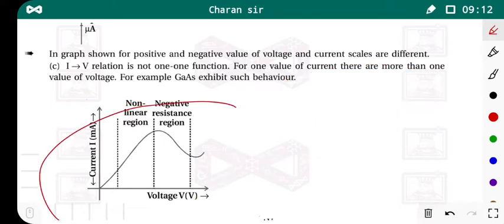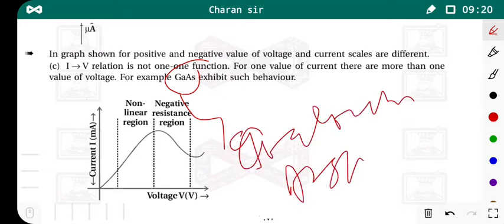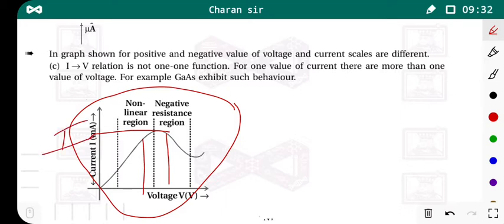And this graph is for gallium arsenide. Gallium arsenide materials give this type of behavior, in which for different values of the voltage you get the same value of the current. Is it okay?